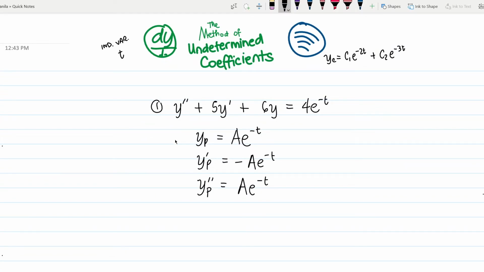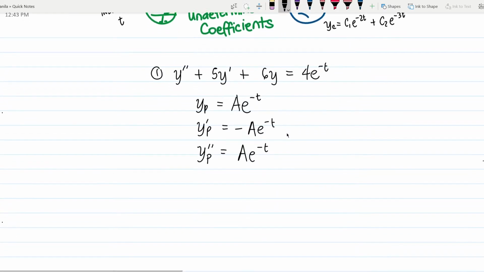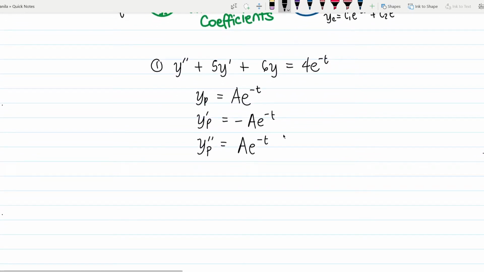Sabi natin, via the method of superposition, if one thing works here and one thing alone works here, then this should work alone, right? So let's try it out. Our yp prime prime is ae to the negative t.